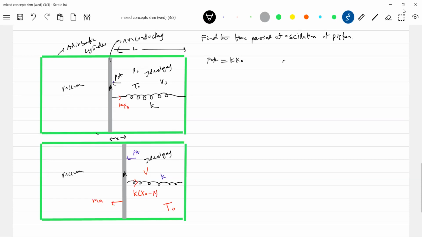When it is displaced, the force acting is PA minus K(x naught minus x). So this will be equal to PA, Kx naught equals P naught A plus Kx. So this becomes P minus P naught.